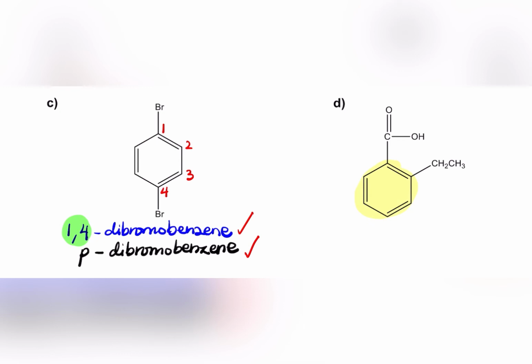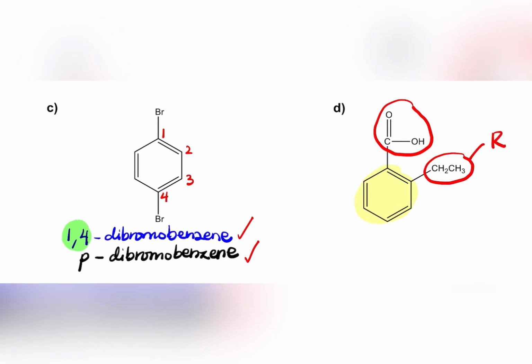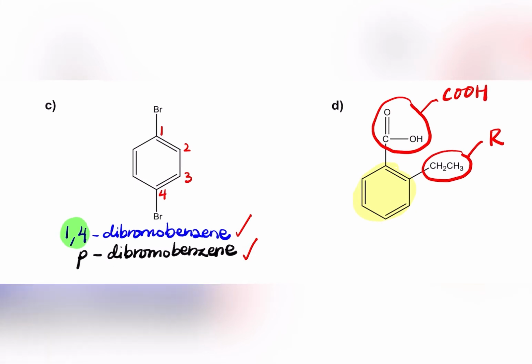The first group is this one and the next group is this one. So this is an alkyl group, CH2, CH3. However, this one is carboxyl, or you can condense the structure as COOH. Benzene that is attached to COOH can be named as benzoic acid.